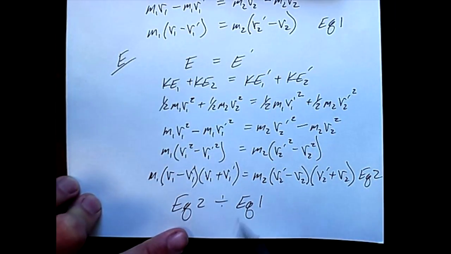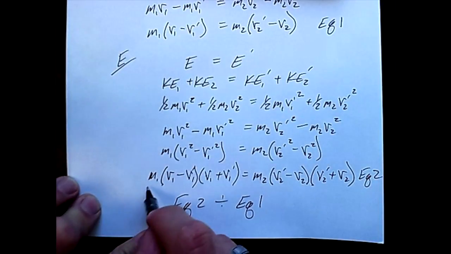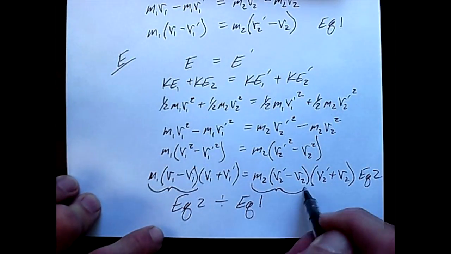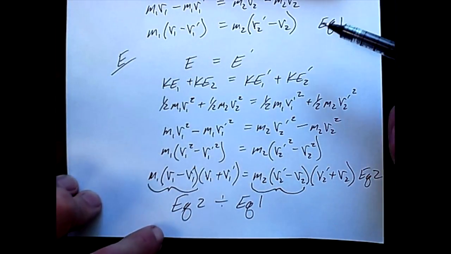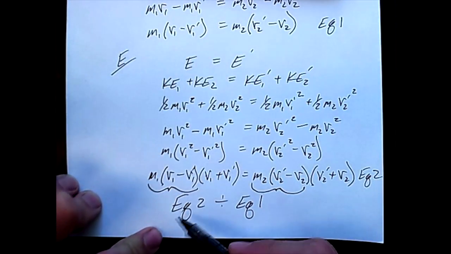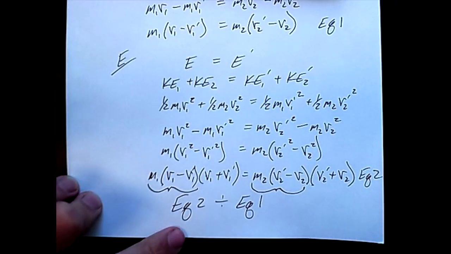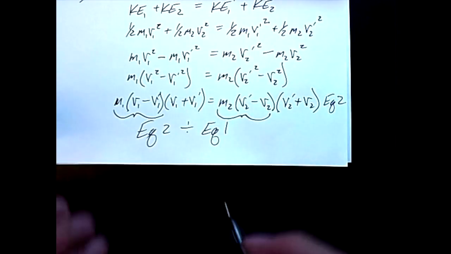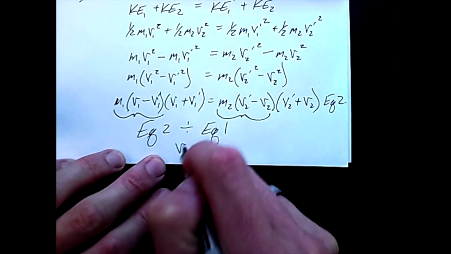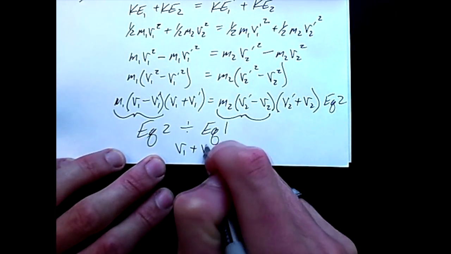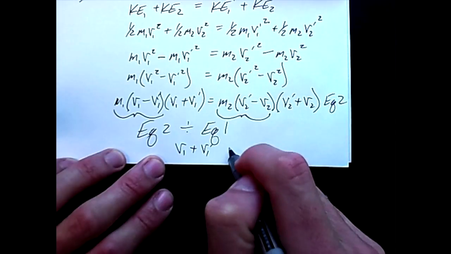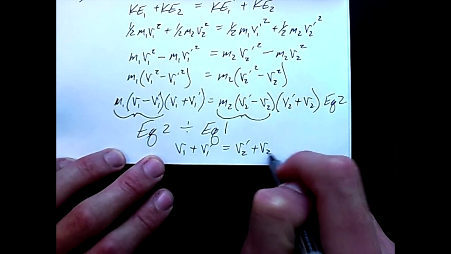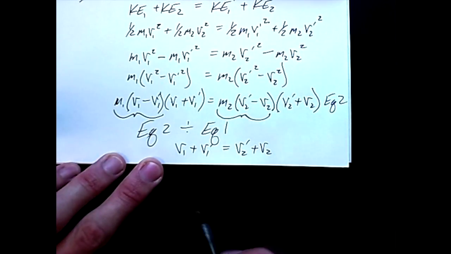And so this whole section on this side and this whole section on this side is derived in the momentum. So when I divide equation 2 by equation 1, that all drops out. And so what I end up with is a very clean statement that states v1 plus its after component is equal to v2 prime plus its before component. And obviously the order of addition does not matter.